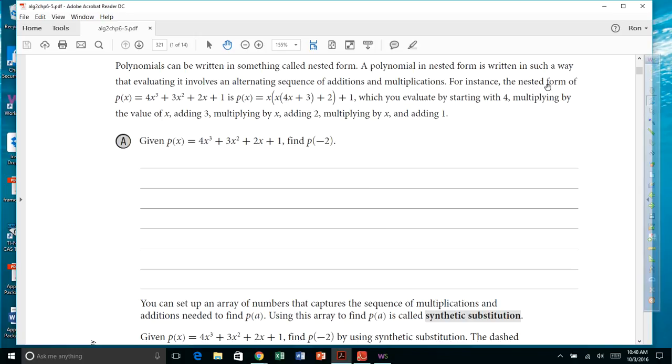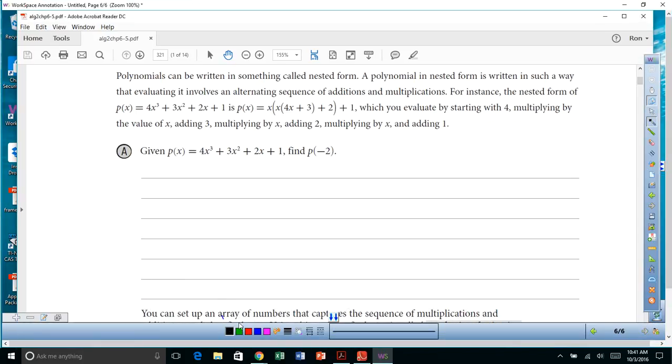For instance, the nested form of p of x equals 4x cubed plus 3x squared plus 2x plus 1 is p of x equals x times (x times (4x plus 3) plus 2) plus 1, which you evaluate by starting with 4, multiplying by the value of x, adding 3, multiplying by x, adding 2, multiplying by x, and adding 1. So let's try this.